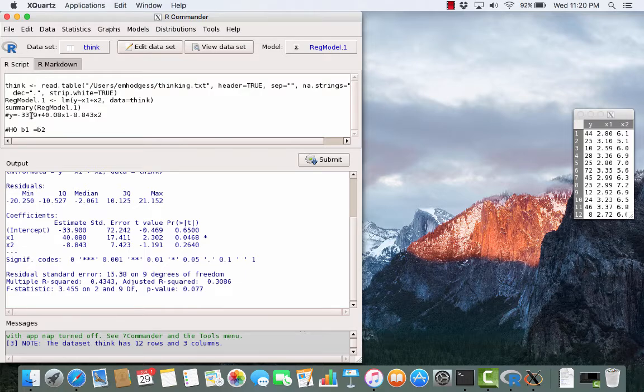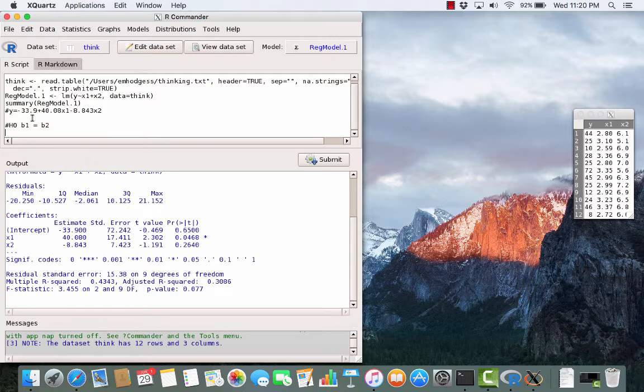How did I know it was just going to be beta 1 and beta 2? Because I only had two x variables, x1 and x2, versus Ha: not all b sub i are equal.